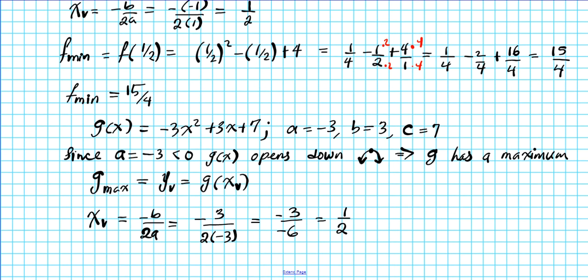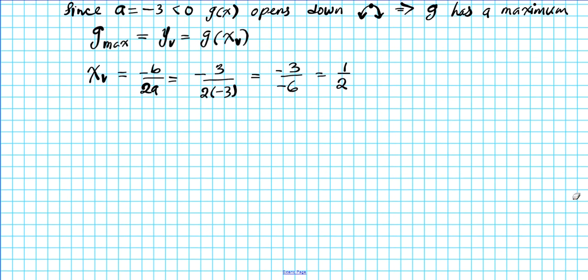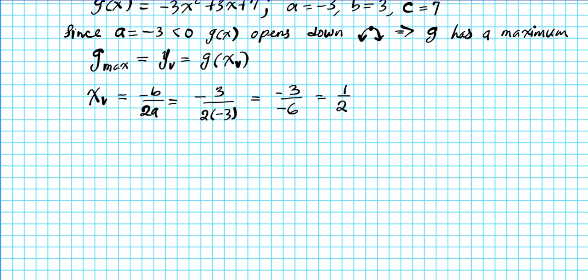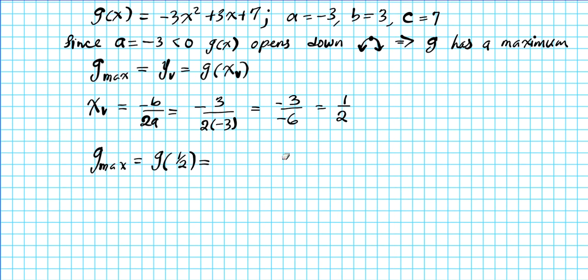Now that we have the x-coordinate of the vertex for g, how do we find the y-coordinate of the vertex, or g max? G max is simply the function evaluated at the x-coordinate of the vertex, which is positive 1/2. So we're going to plug in 1/2 into g, okay?